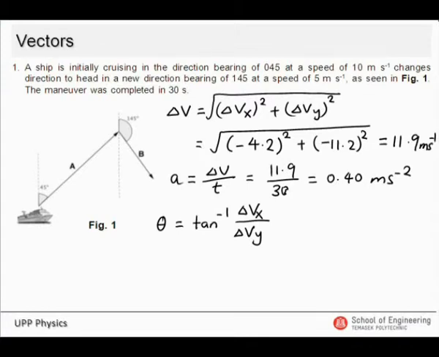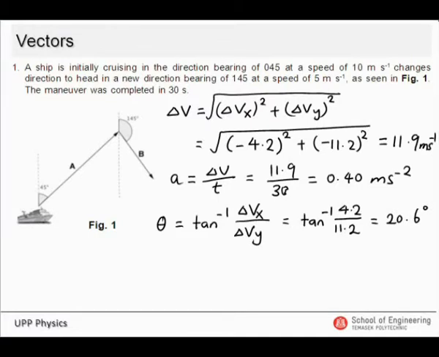Change in Vx over change in Vy, inverse tangent of this ratio. So let's put it in: 4.2 over 11.2. And you find that the answer is 20.6 degrees.